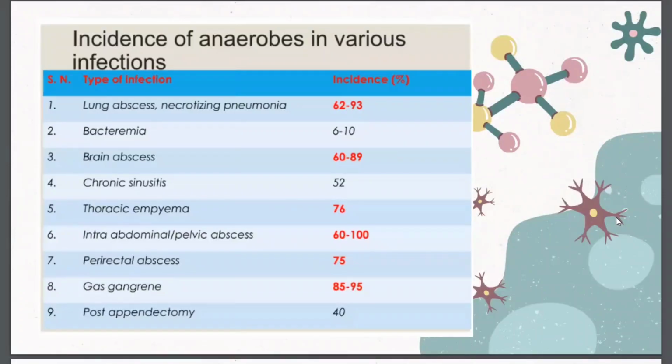Intra-abdominal or pelvic abscess has 60 to 100%. Perirectal abscess has 75%. Gas gangrene has 85 to 95%. Post appendectomy has 40%. So the red numbers are the infections with a high incidence.